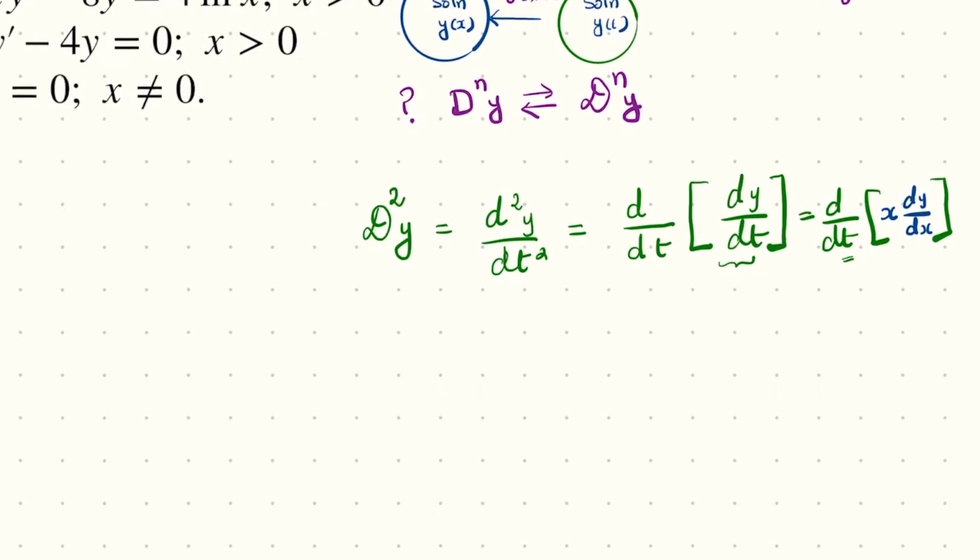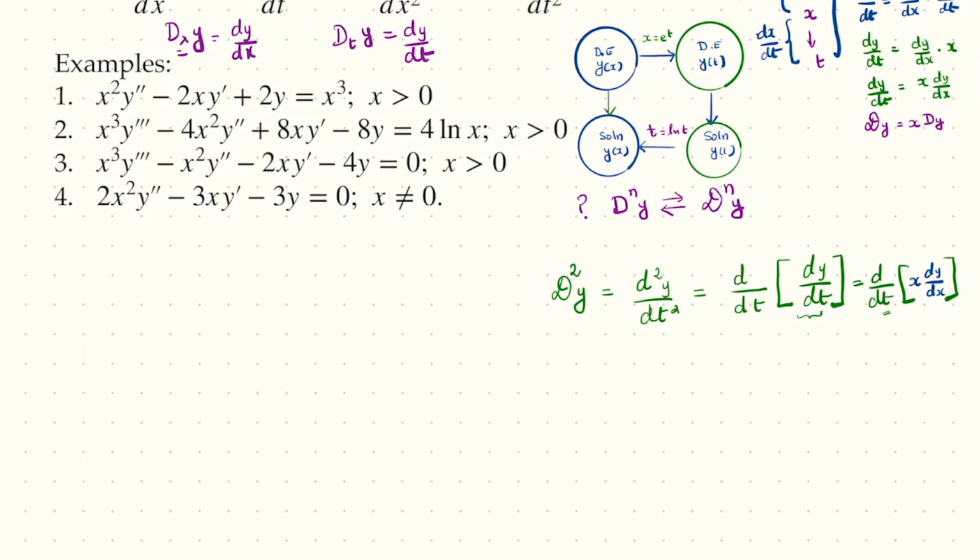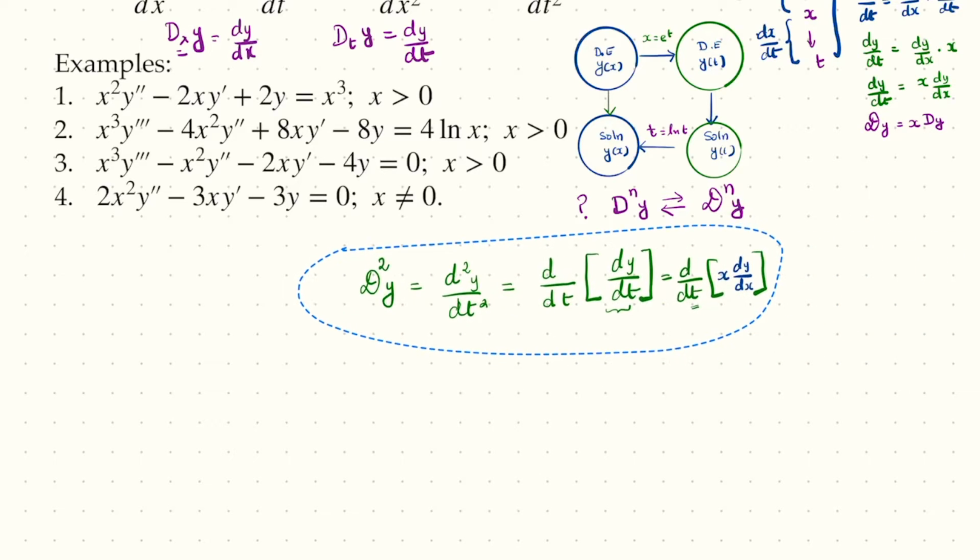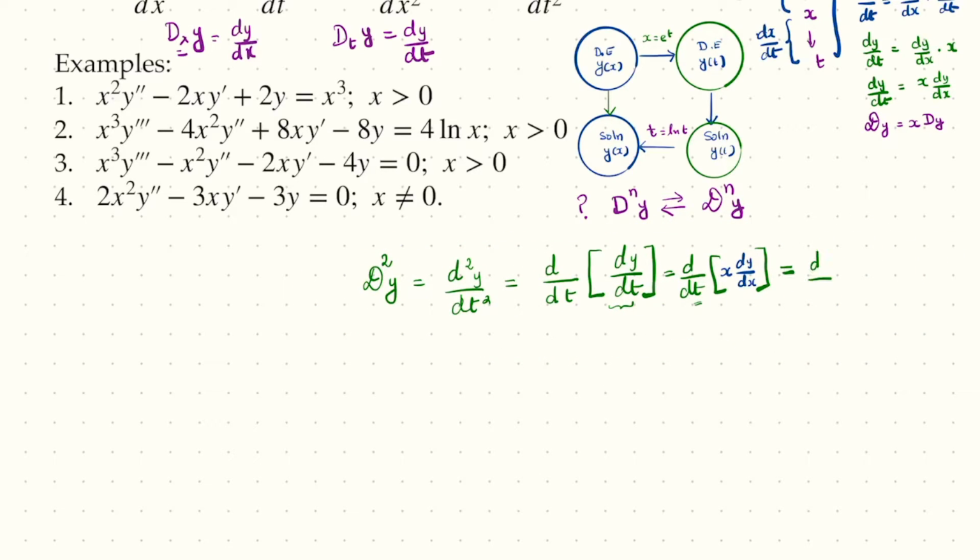If you use the chain rule here, what I am going to have is the following: d over dx of x dy over dx, times, using the chain rule, dx over dt.